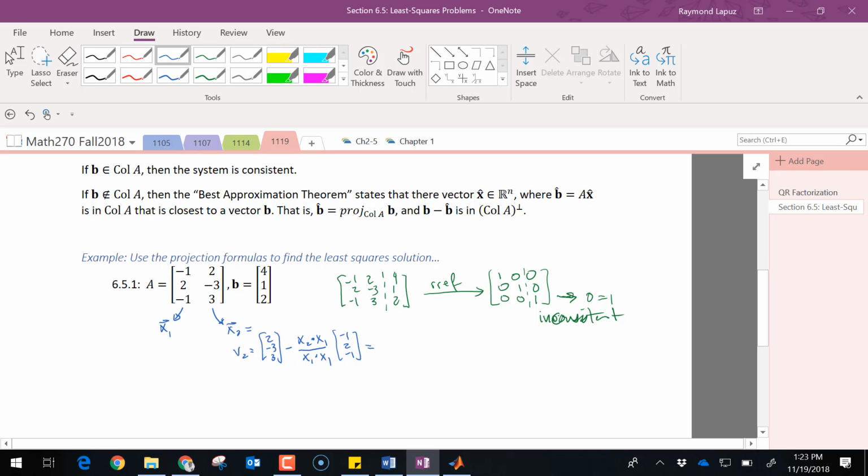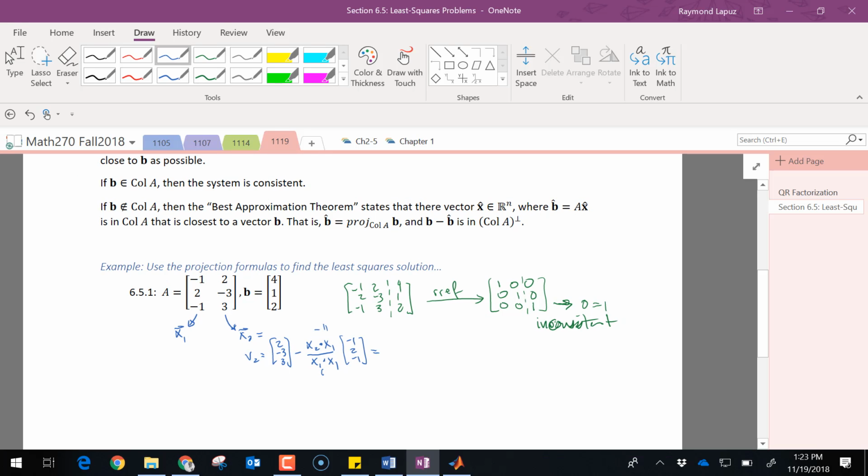So x2 dotted with x1 is 2, negative 2, negative 6. That's negative 8, negative 3 is negative 11. And then x1 dotted with x1 is 1, 4, 1, that's 6.